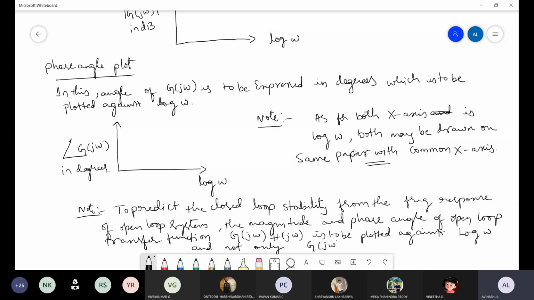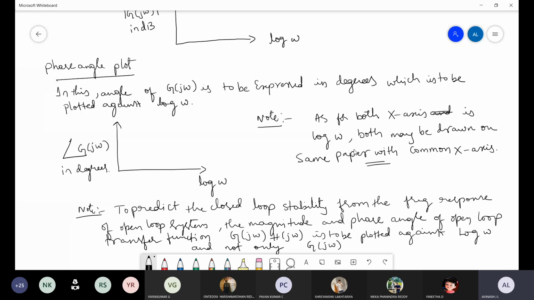Sometimes we plot only g of j omega. In the magnitude plot and phase plot, we have taken the y-axis as g of j omega.